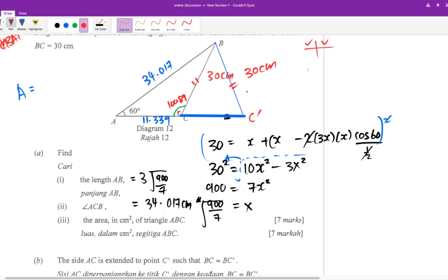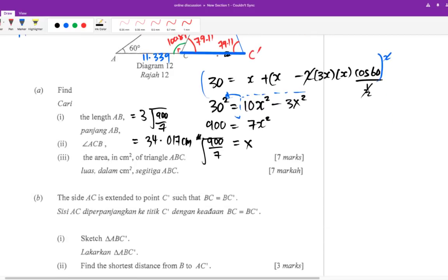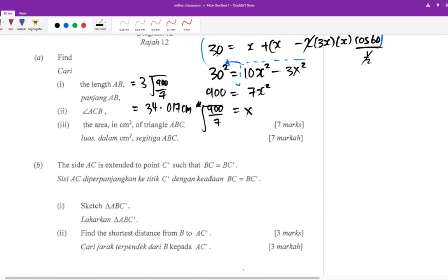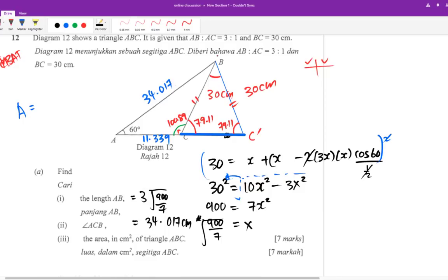And then what we know is we can easily get this angle, because this angle is just 180 minus this one, isn't it? So you will get 79.11. And because this is isosceles, you can know this angle easily also. It's 79.11. Then you can get this angle as well. But the question asks you to sketch a triangle, so you just sketch the triangle ABC, which is this pattern.